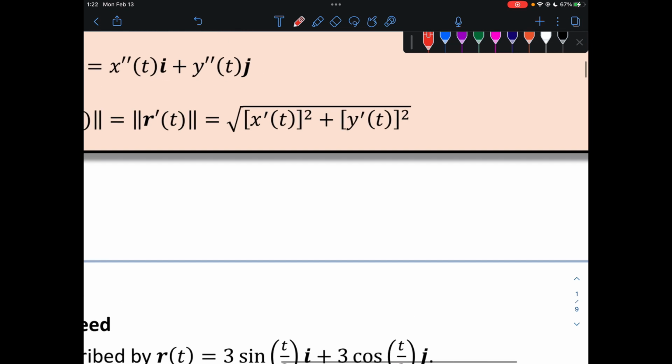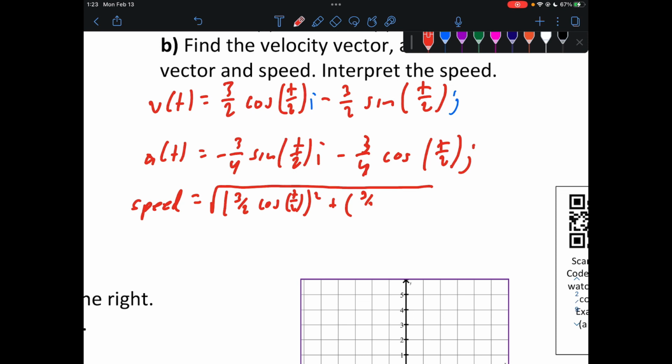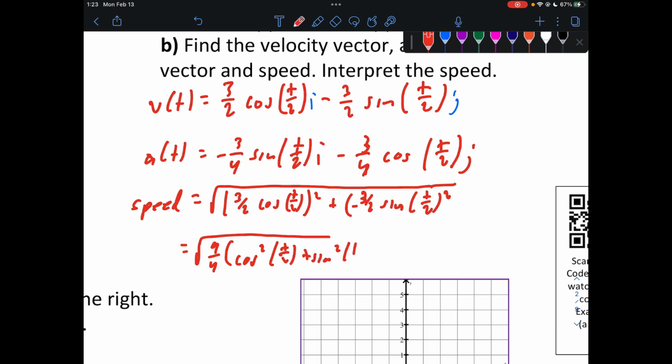So the formula for that is just root x prime squared plus y prime squared, which ends up being root 9/4 times cosine squared plus sine squared, which of course is just root 9/4 times 1, which is just 3/2.